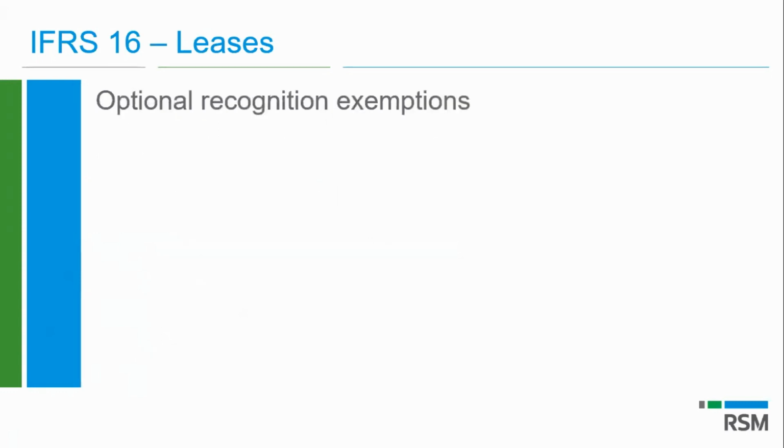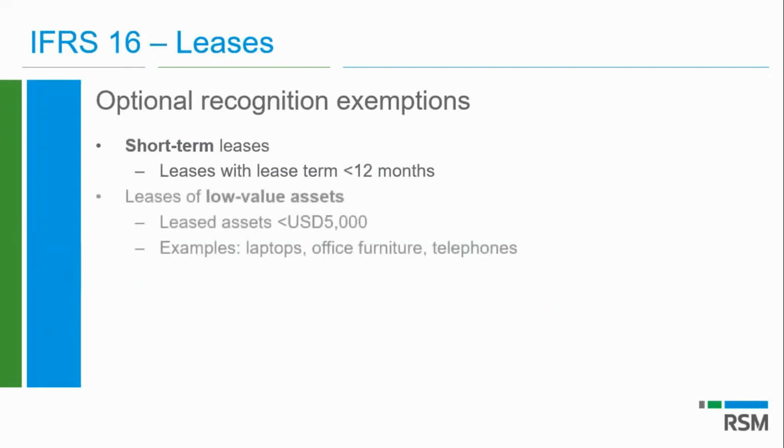That's not all bad news. There is some good news. There are two areas of good news for lessees. The one is what we refer to as a short-term lease, which is a lease of less than 12 months. The other exemption is for a low-value asset.